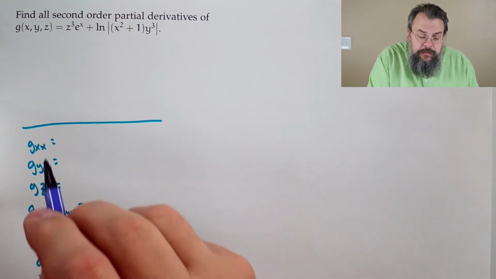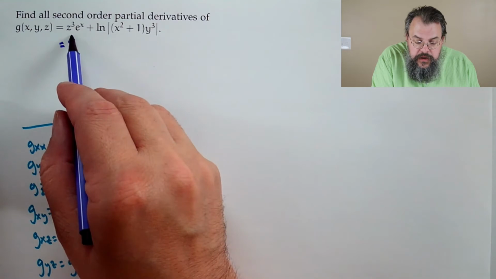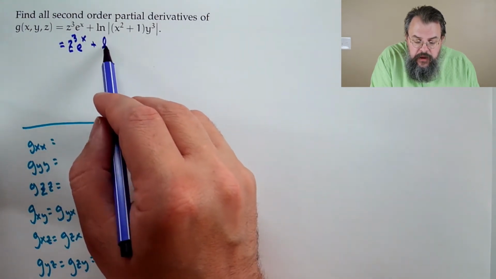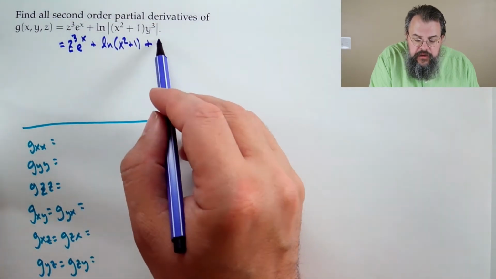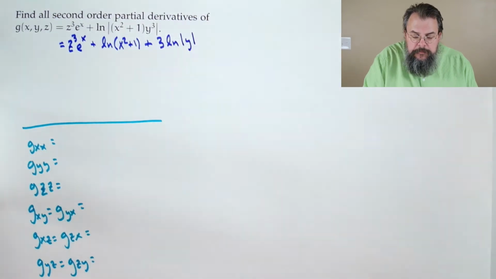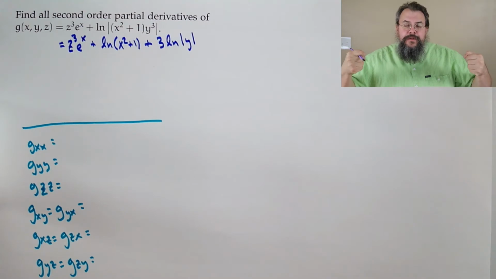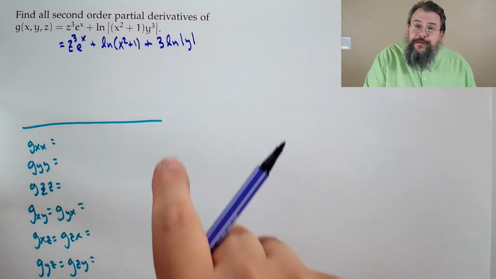In particular, we could write this as z cubed e to the x plus log of x squared plus 1 plus 3 natural log of y. So in other words, pull apart the x squared plus 1 and the y cubed. Now you're probably thinking, wait, y cubed? You wrote 3 natural log of y.